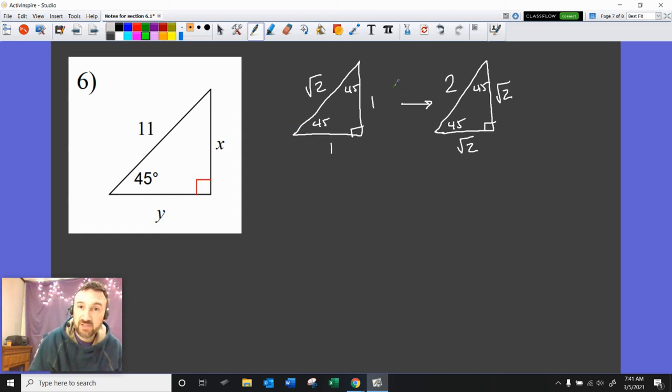So here I'll write my directions. Multiply by square root of 2. I don't like that. Sometimes we try and use notation and it doesn't quite work out. So I'm just going to write it out. Multiply by root 2.